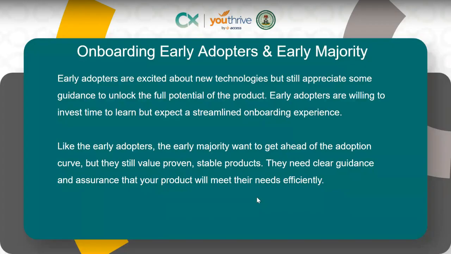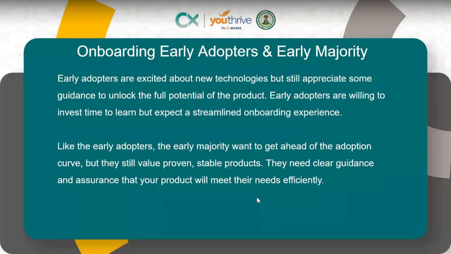So we have the early adopters, who are willing to invest time to learn but expect a streamlined onboarding experience. Another thing is that innovators won't mind if they encounter a bug. They'll quickly tell you there's a bug, but they'll still continue. Early adopters might get frustrated when they encounter bugs a lot. So you want to ensure a streamlined onboarding experience for your early adopters.